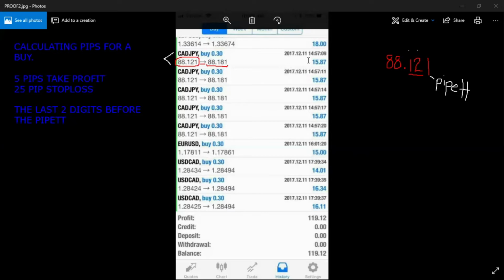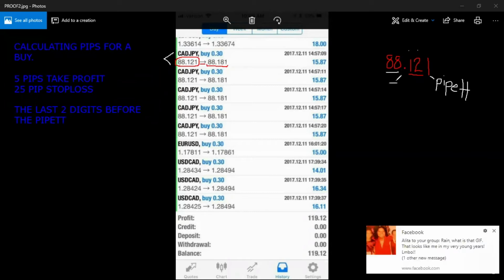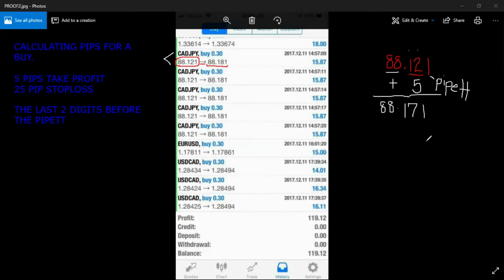You won't need to do anything with the digits before the decimal or the pipette. Now this is a buy, so we're going to add 5 to the last 2 digits before the pipette for the take profit for this trade. The numbers before the decimal will just come down and your pipette just comes down.